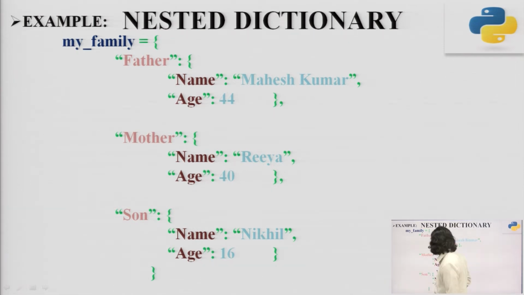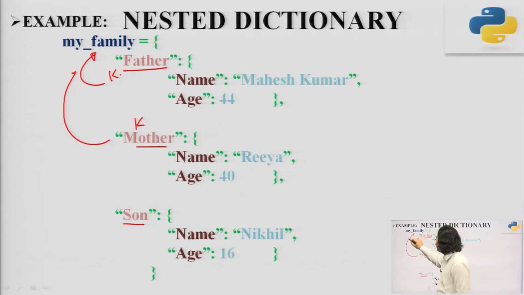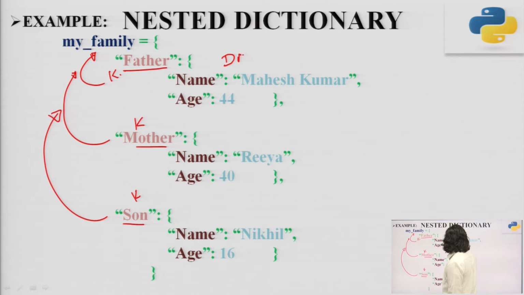The very first pair is related to father, the second one is related to mother, and the third one is son. Now, here you can see that father is a key to my family, mother is a key to my family, and son is also a key to my family. But what is the value? The value is a dictionary.